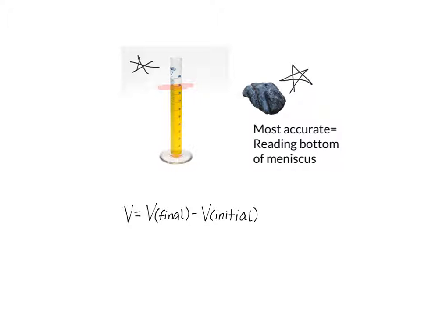So let's say the initial volume is 90. Up at the top I see about 90 centimeters. And then I drop in the rock, it moves up, let's just say it goes to 100 centimeters. So my final volume would be 10 centimeters. Okay, that would be the volume of the rock in liquid displacement.